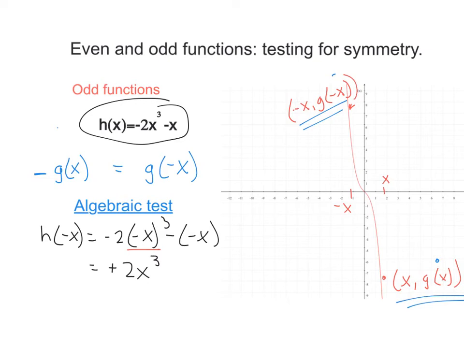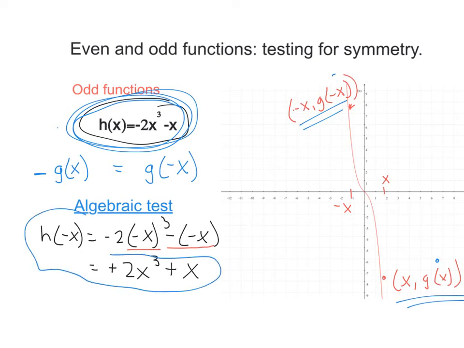When I take a negative x times a negative, or the opposite of negative x like we have here, that would become a plus x. Now I'm going to compare, like before, h of x to h of negative x. We don't find that they're exactly the same, we find they're exactly opposites.